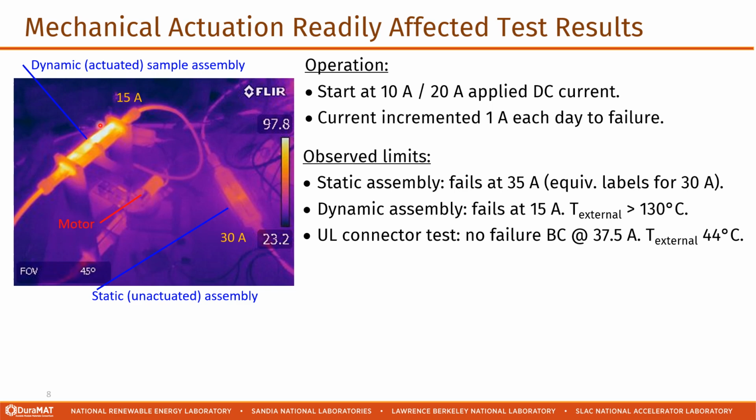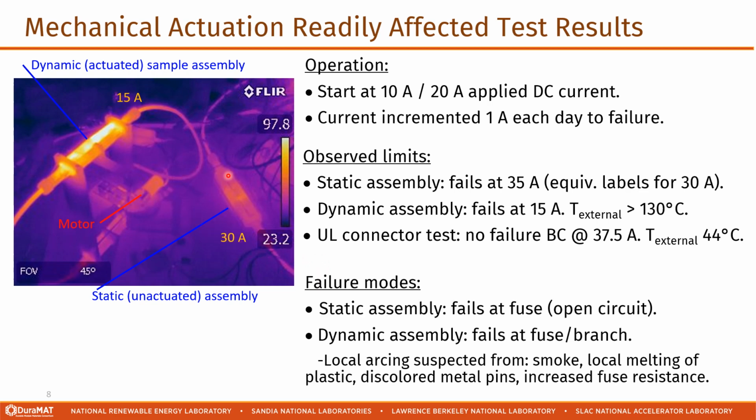And then the dynamic assemblies, these failed at 15 amps, achieving like 130 degrees C in FLIR observation. I don't show it, but the UL connector test, just of the branch connectors, was running up to close to 38 amps. Much more modest rise in temperature observed there.